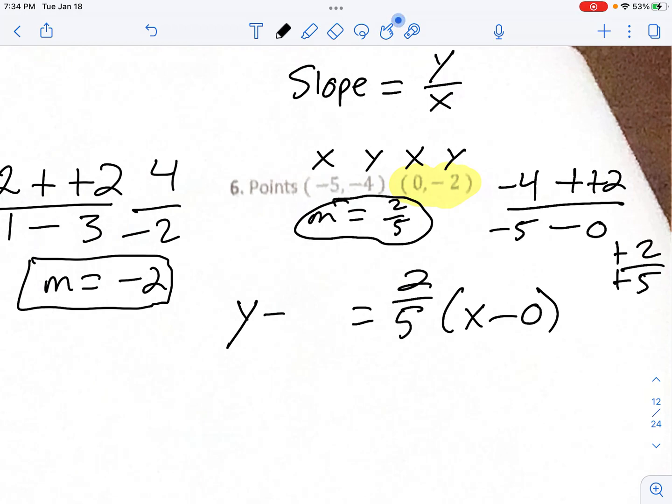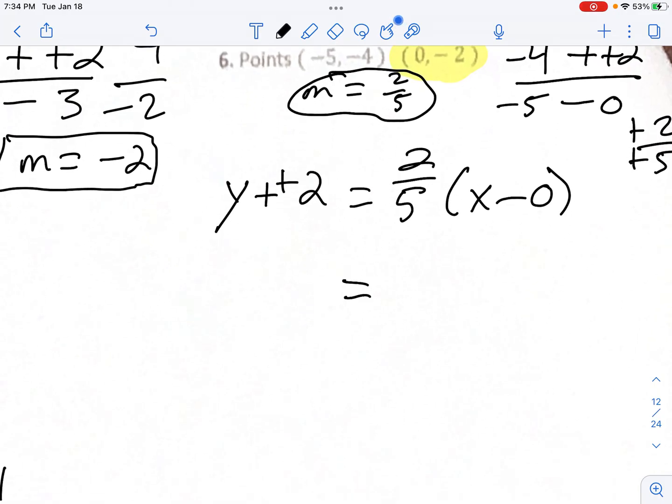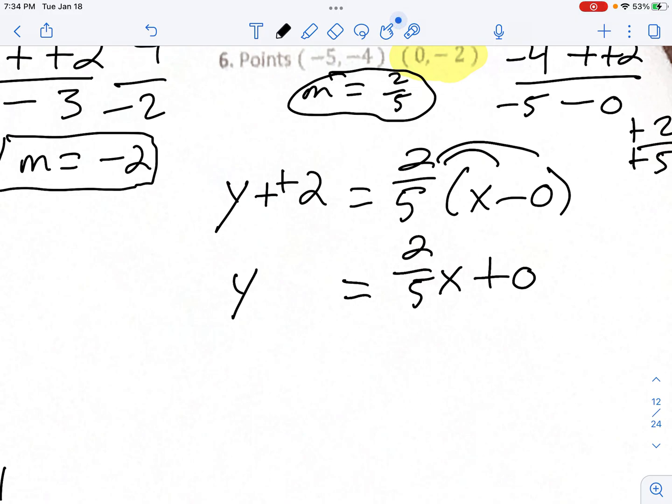So x by the x, y by the y, which I'm actually plugging in -2, which makes this a positive, right? So 2 over 5 times x is 2 over 5x. 2 over 5 times 0 is 0. I don't care if the 0 is negative or not. There's no such thing as a -0. All right, drop this down.